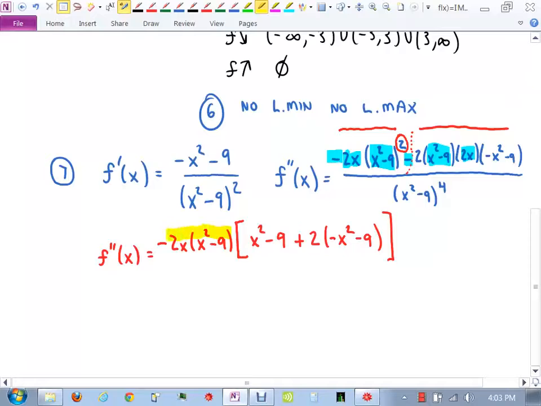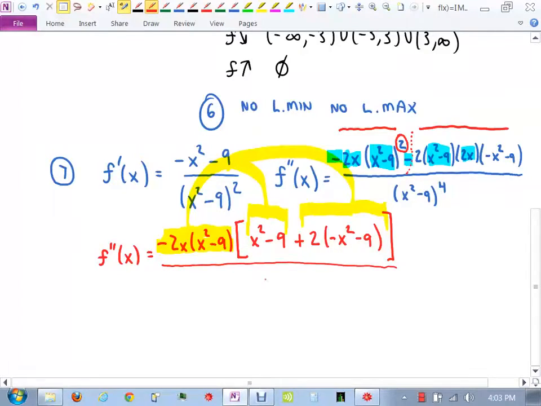It's kind of like if you took this big clump right here and you distribute it to this and then distribute it to this, you would get back what you had above. All of this over what? X squared minus 9 to the 4th.